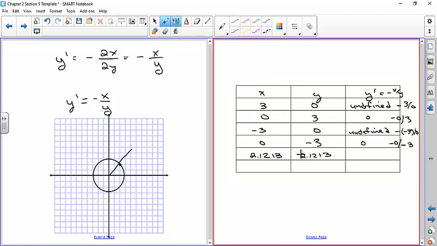So those are the x and y values at this point right there. So I also have one at negative 2.1213 and positive 2.1213. That would be this point right there.